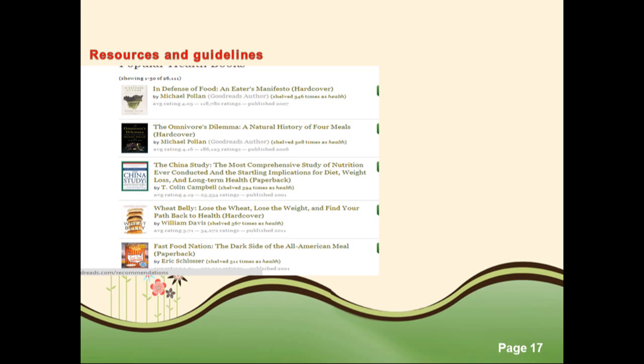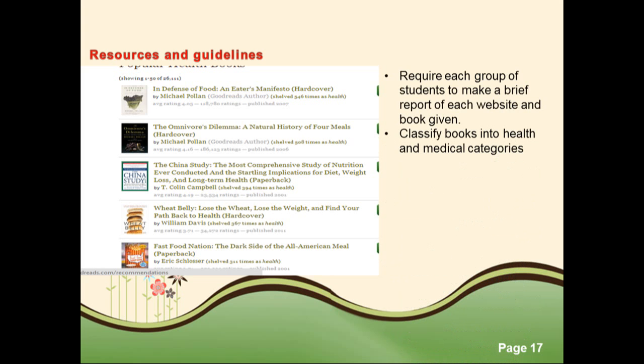In this part, I will also provide them with resources and guidelines, including printed and online materials to choose from. What's important here is that the students are required to make a brief report on each website and book given to them, to make sure they have looked into the reference resources before getting to work.